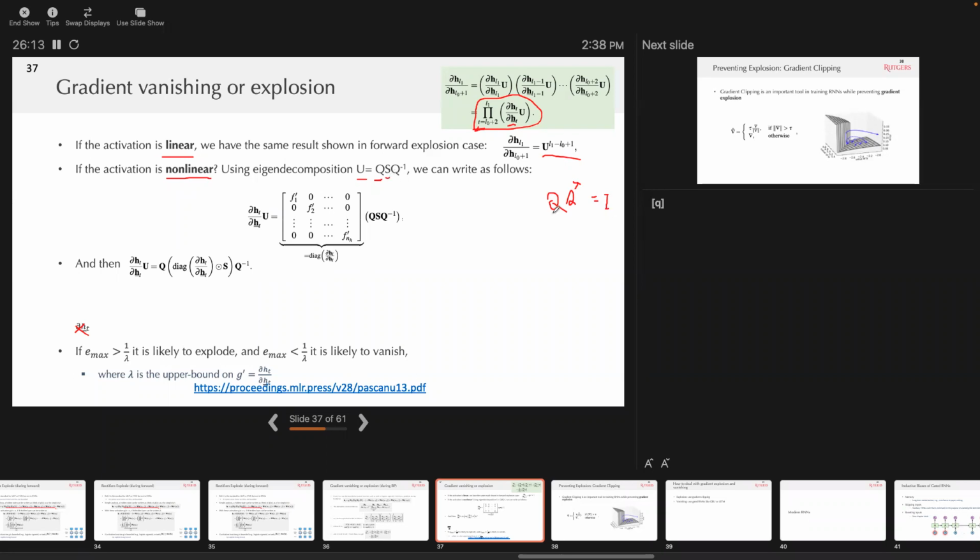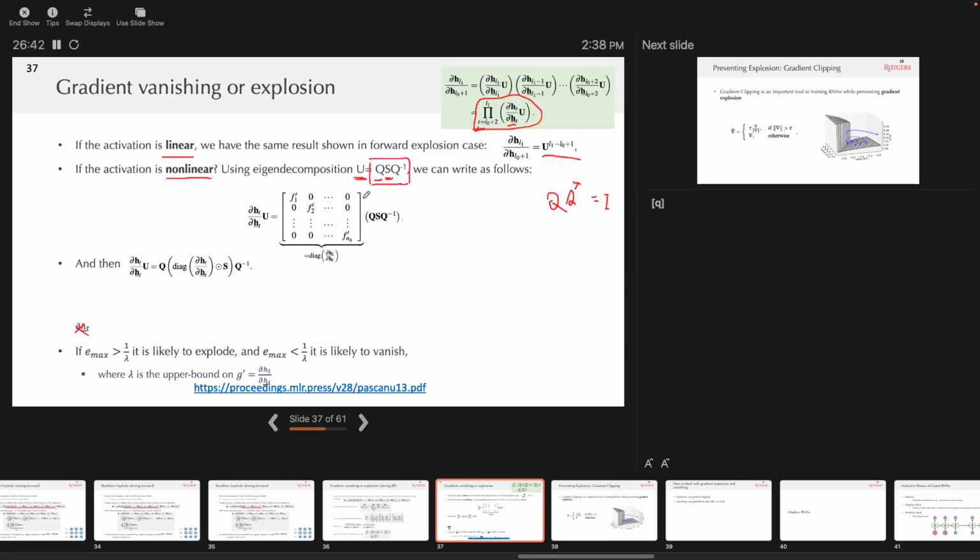And S here is going to be your singular values or eigenvalues, right? It's going to be a diagonal matrix, and each entry in the diagonal is your eigenvalue. Okay. For every matrix U, you can always find a decomposition such that it has this form.